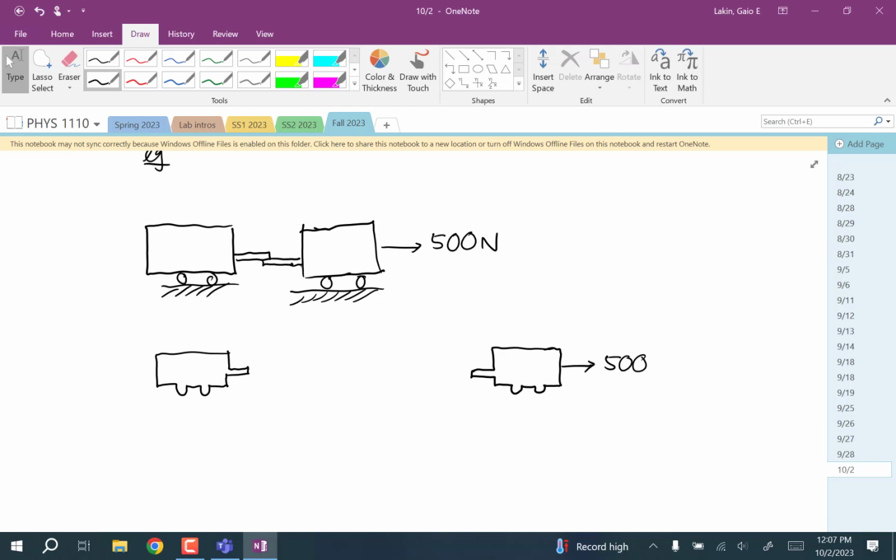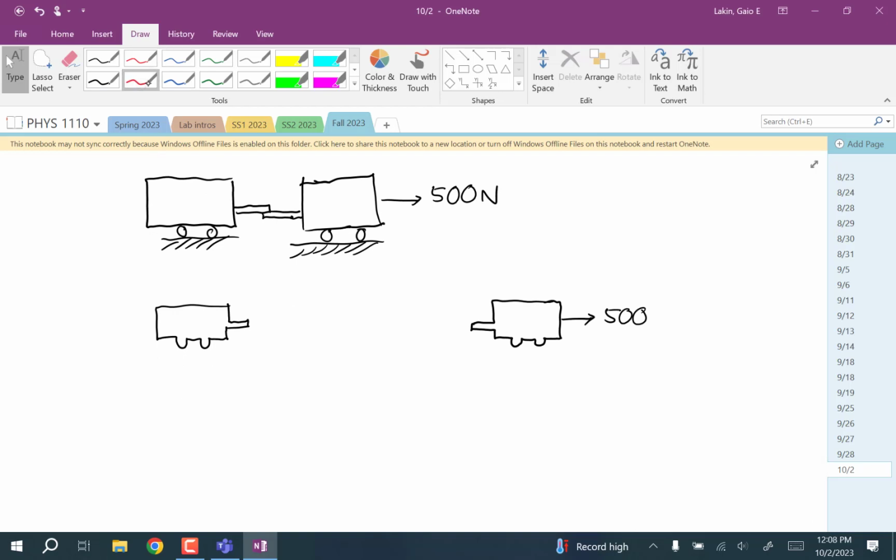That's what a pulling force does. You can also think like, okay, so when you apply that 500 Newton force, both of these two carts are going to go to the right. Would the same thing happen if you replace that coupler with a string? Yeah, as long as the string doesn't break, it would. And so that tells you that's a pulling force. Okay?